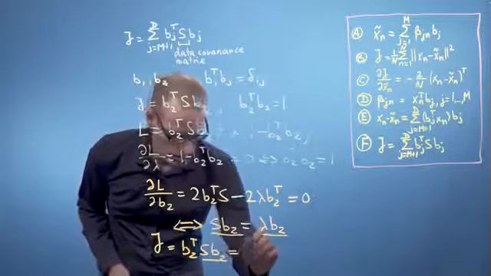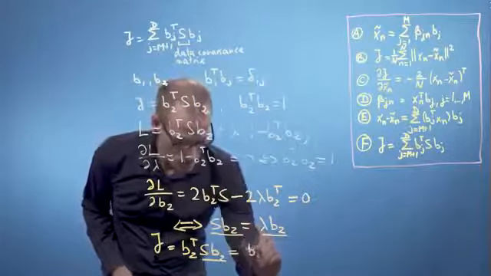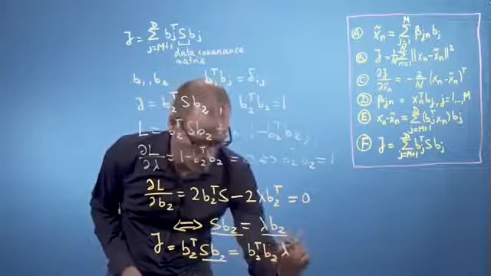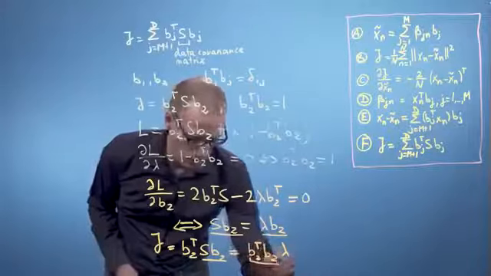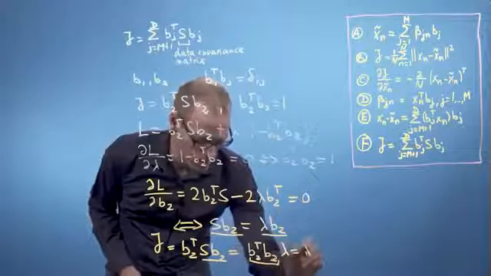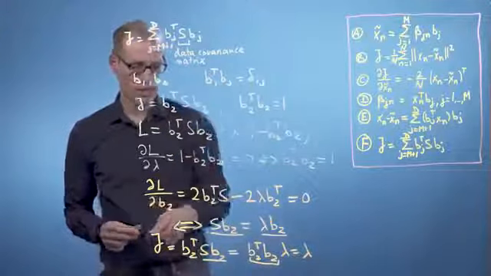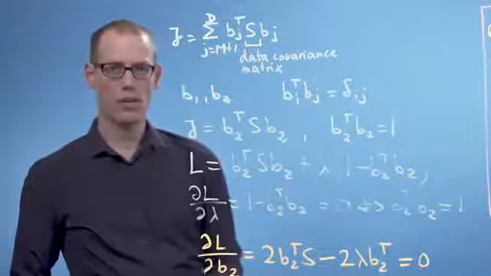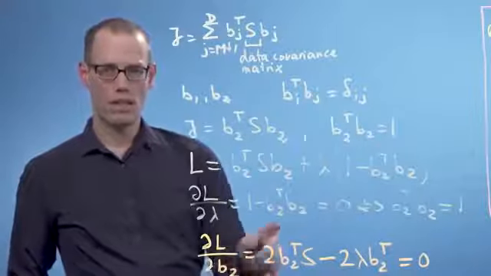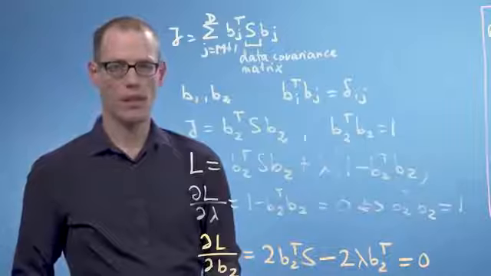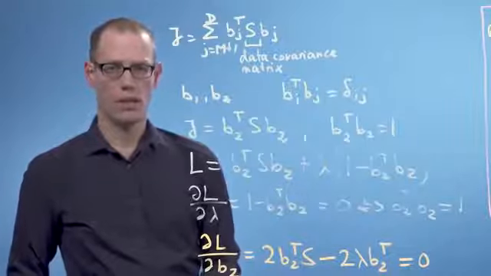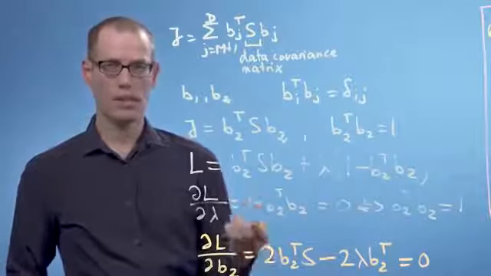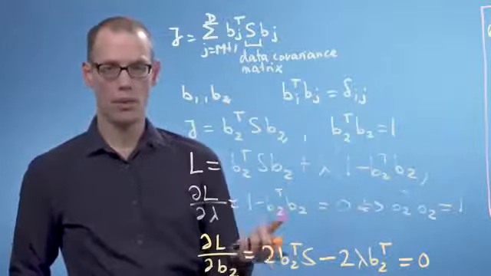So we get B2 transpose times B2 times lambda, and because we have an orthonormal basis, we end up with lambda as our loss function. Therefore, the average squared reconstruction error is minimized if lambda is the smallest eigenvalue of the data covariance matrix. That means we need to choose B2 as the corresponding eigenvector, and that one will span the subspace that we will ignore.